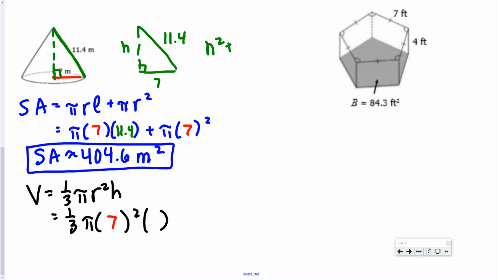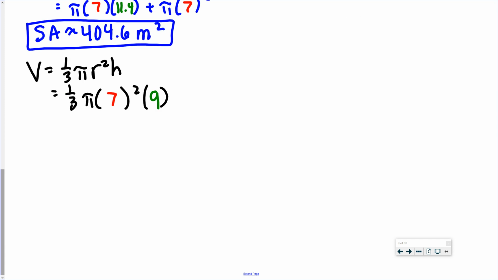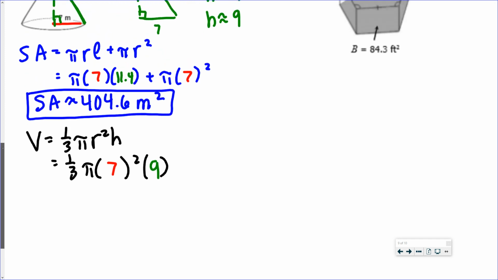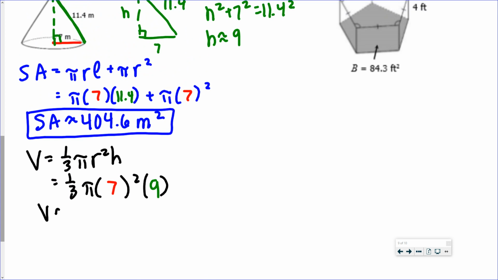All right, Pythagorean theorem for you quick. I got about 9. Okay, again, that's something we already know how to do. So for my final answer for that volume, I got 461.8 meters cubed.